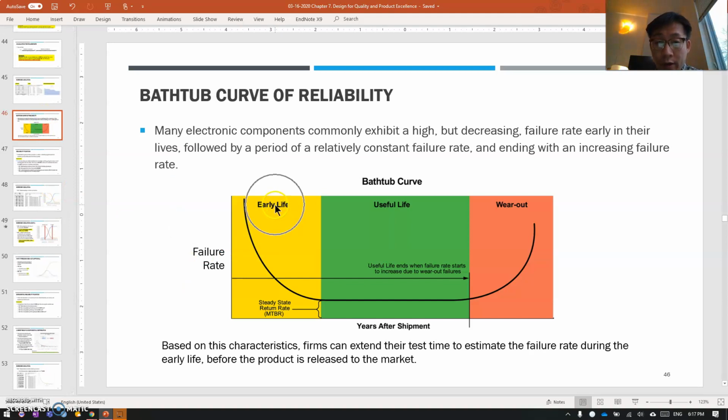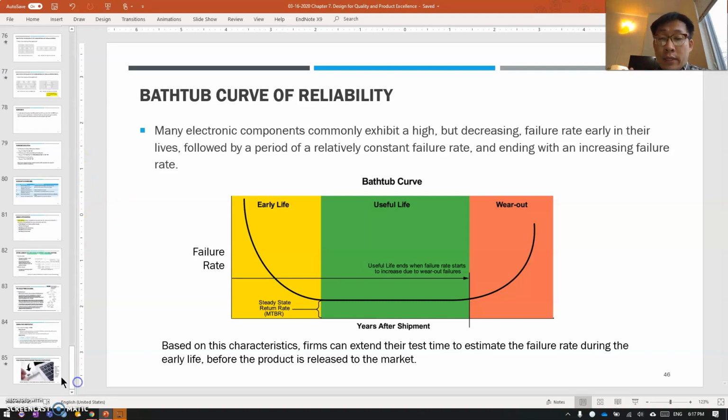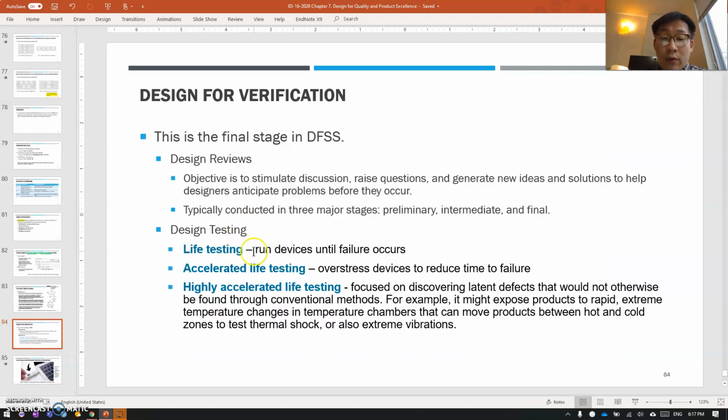If the early life in the product life cycle is approximately 100 hours, that means in the lab testing you do 100-hour life testing. Okay, accelerated life testing, they're going to overstress the device to reduce time to failure. Okay, and highly accelerated life testing, you get what this is about.